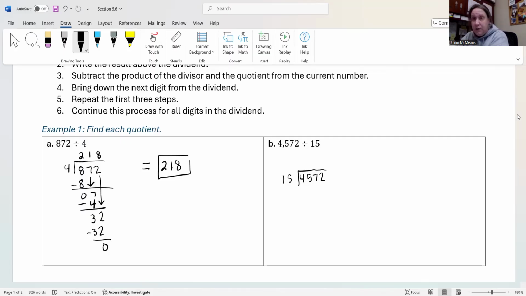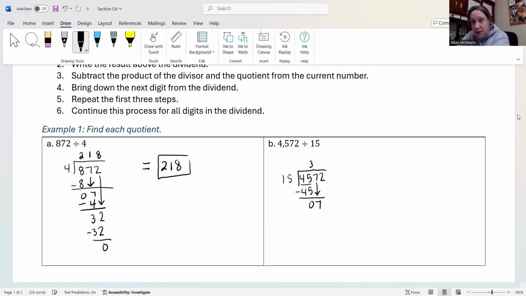Figuring out how many times 15 goes into 4,572 isn't something I can easily do, but I can do it step by step. How many times will 15 go into 45? 3 times. 3 times 15 is 45. So I subtract 45 and get a 0.